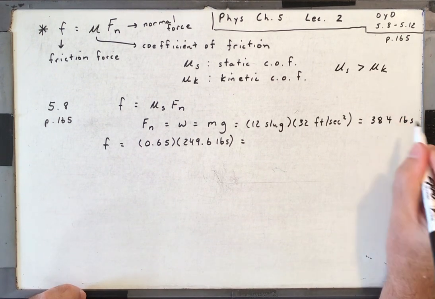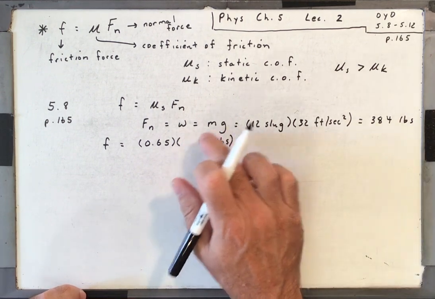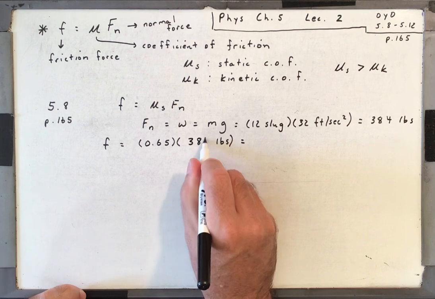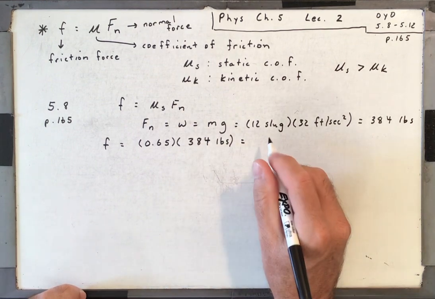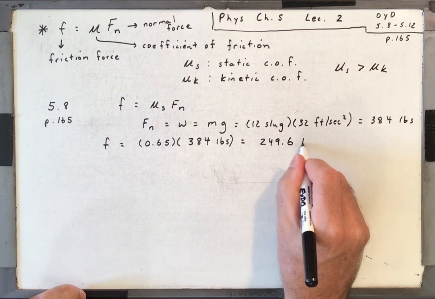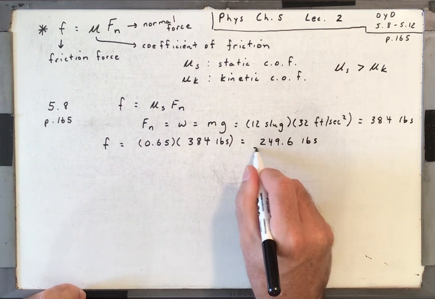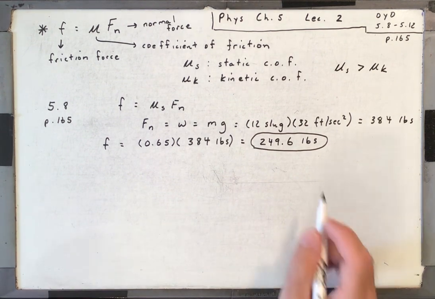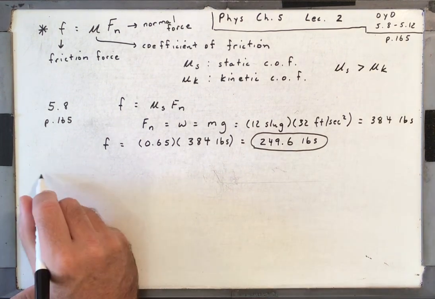So you have to do a little bit of erasing here. I looked at the wrong number on my sheet. So it's 0.65 times 384 pounds. And that is 249.6 pounds. Sorry that I made you erase a little bit there. Just pause the video a moment so you can clean up your notes.